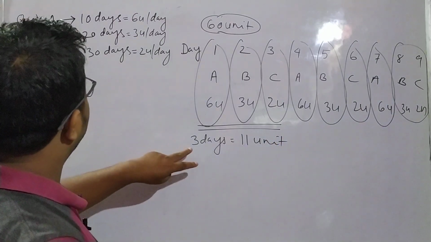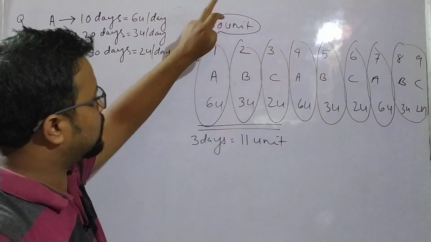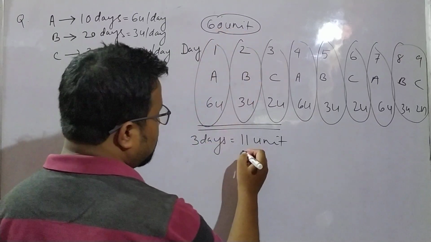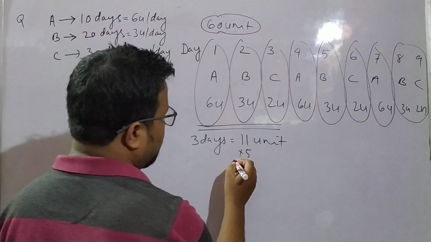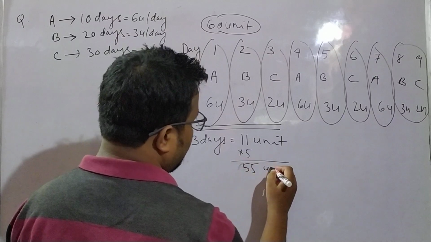So how much total work do I need? 60 units. So in order to get close to 60 units, I have to multiply this by 5. Then I will get 55 units.